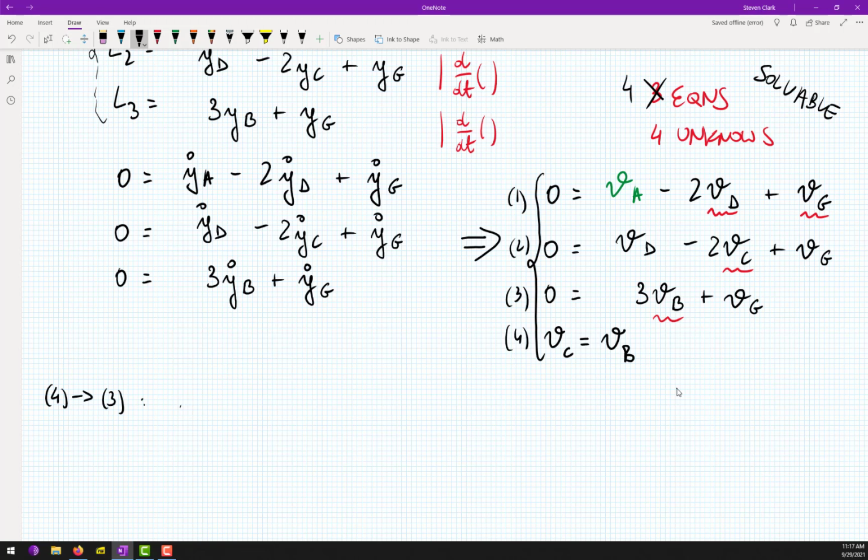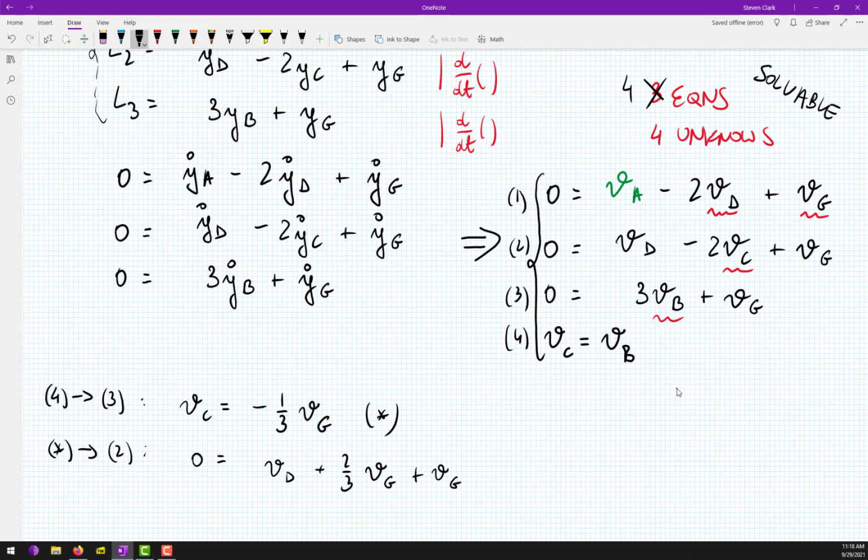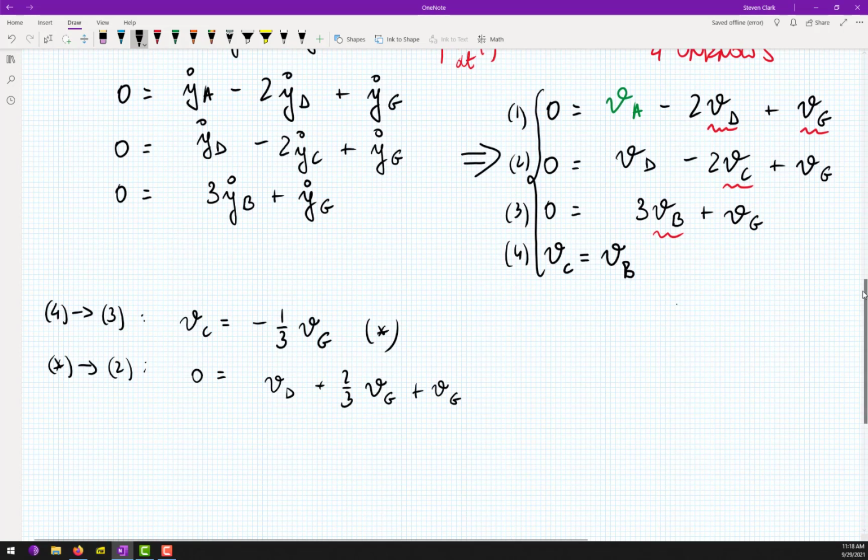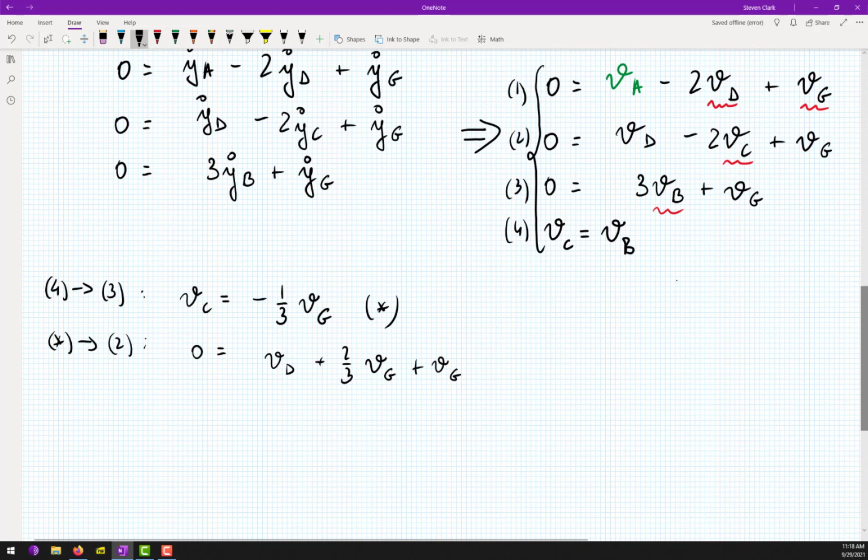And that will give us VC equal to minus 1/3 of VG, okay? And let's call this equation star. Now let's plug star into 2, and we will have 0 equal to VD plus 2/3 VG plus VG. So that will tell us that VD is equal to minus 5/3 VG.